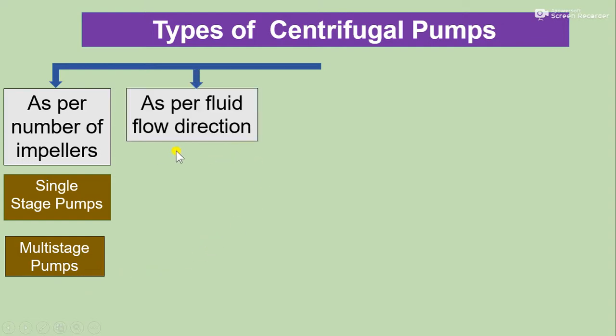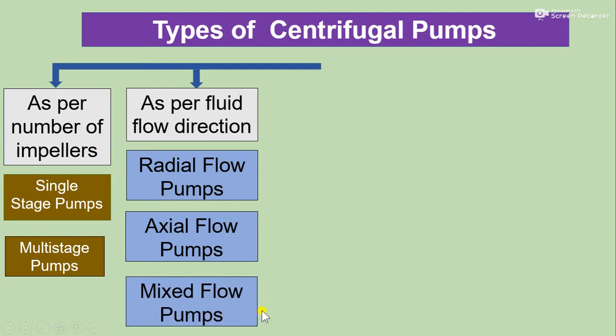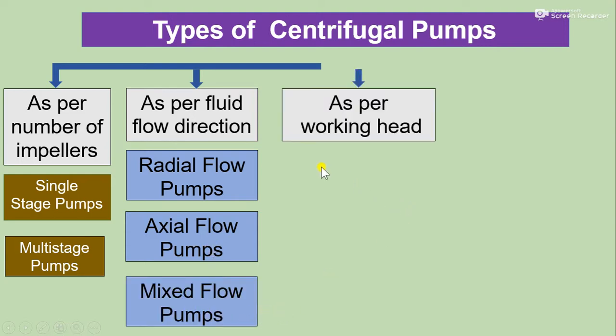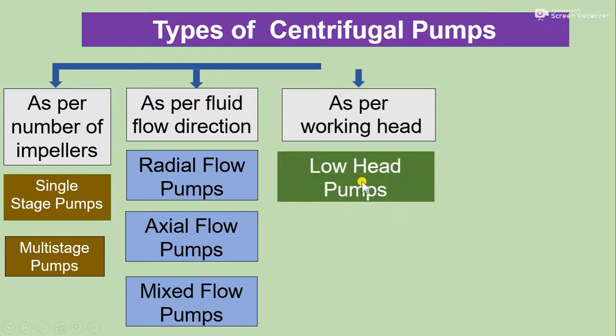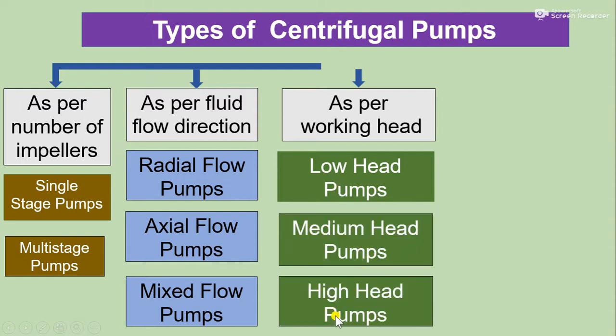As per fluid flow direction, pumps are classified as radial flow pump, axial flow pumps and mixed flow pumps. As per working head, they are classified as low head pumps, medium head pumps and high head pumps.